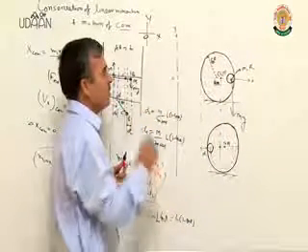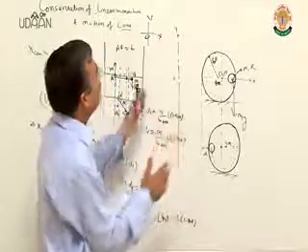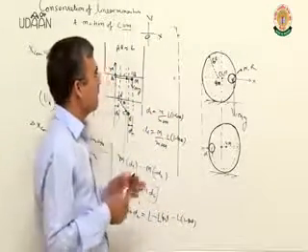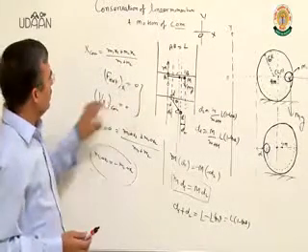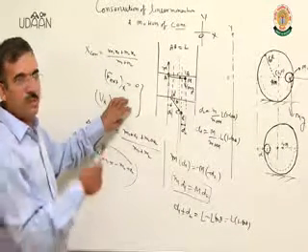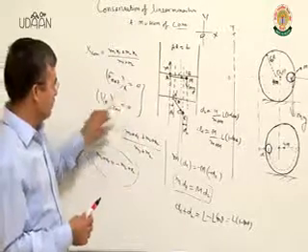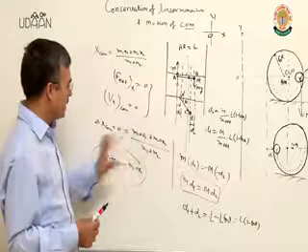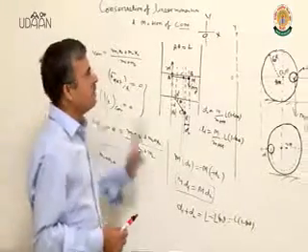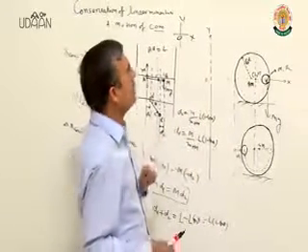Clearly in this case, in the horizontal direction, in x direction, there is no force. So when there is no force in x direction, the velocity of the center of mass in x direction is 0. It means the center of mass will not change in x direction. The same concept I am going to apply in this situation also.